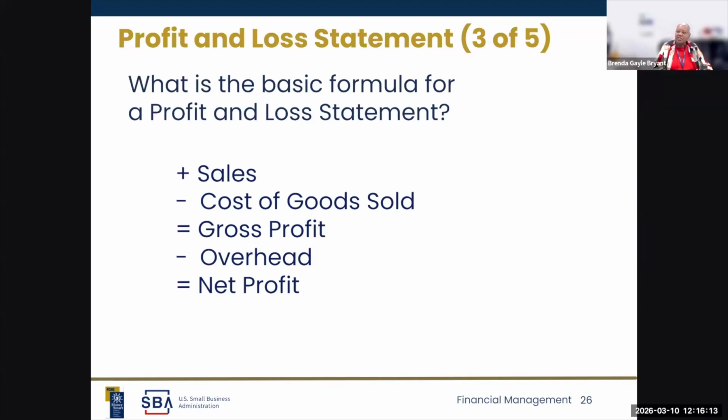In a profit and loss statement, how can you have a loss? Well, let's just say that you are selling a good, and a good example of that is Christmas is coming, and you know Christmas is going to be a really good time for you because people buy a lot of your stuff at Christmas.